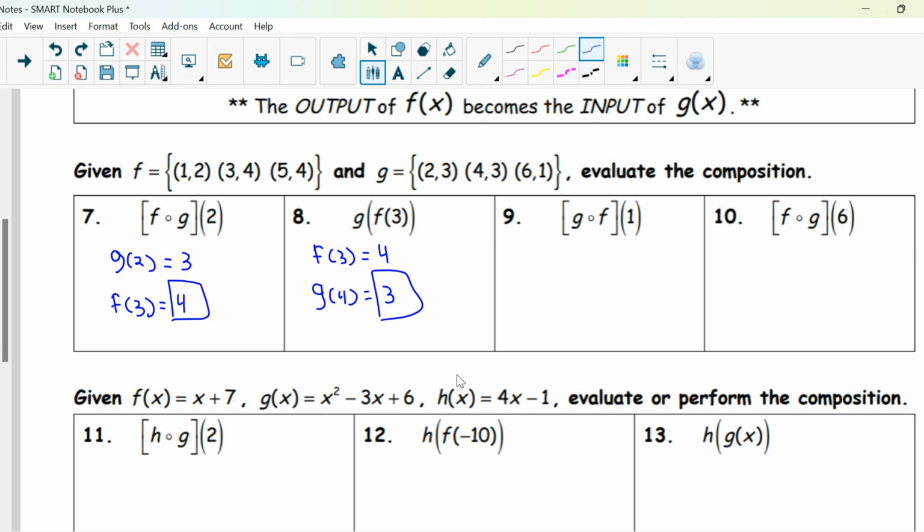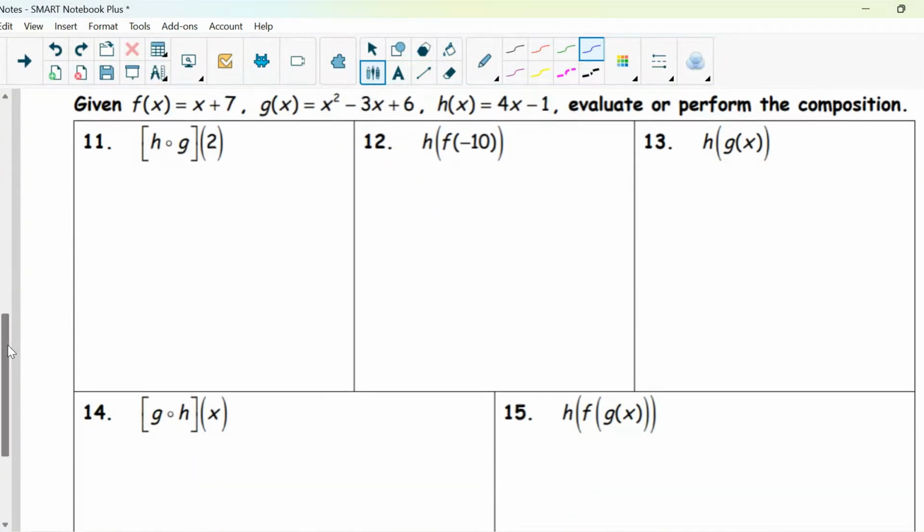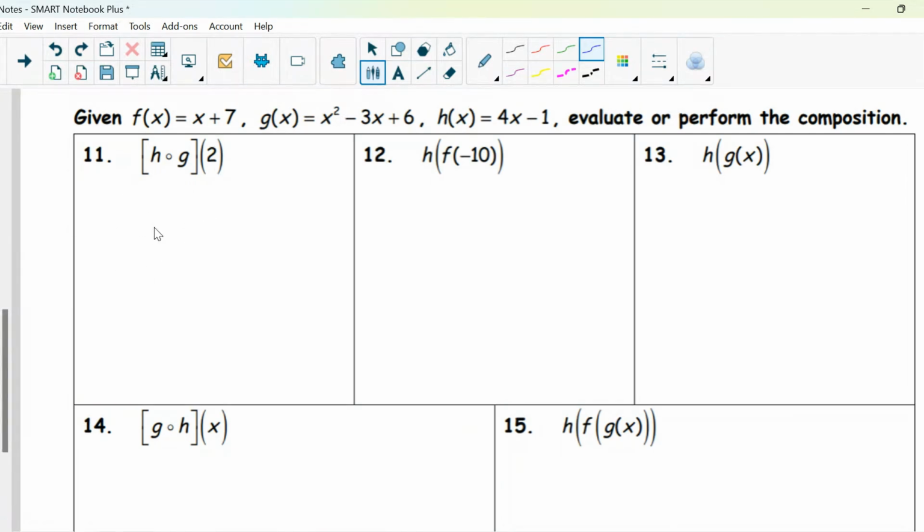So let's go over one or two examples of composition of functions here. This is more what you guys are going to see for examples. In number 11 here, I have h of g of 2. The first thing I want to evaluate is g of 2. So I'm going to take 2 and substitute it as my input into g of x.